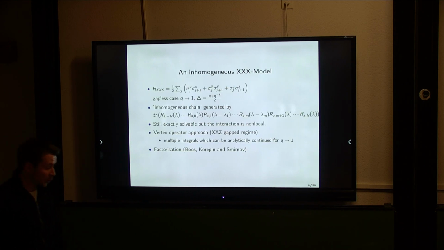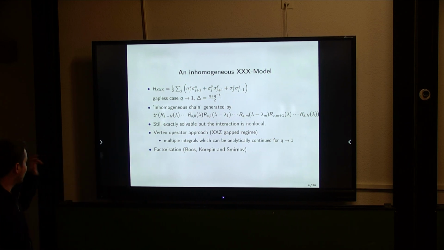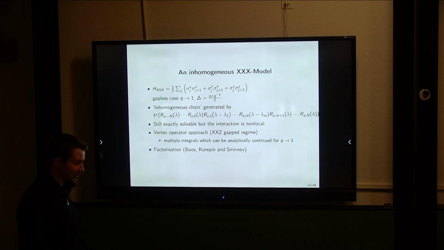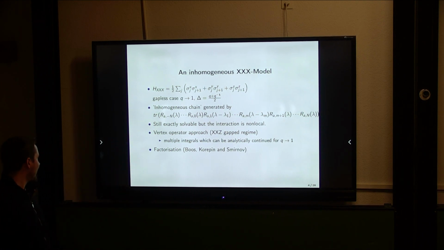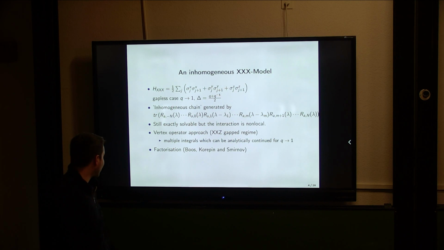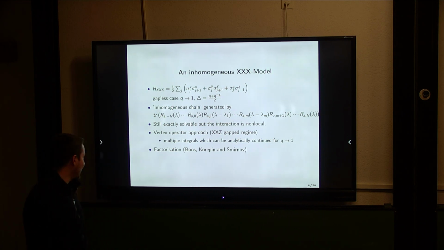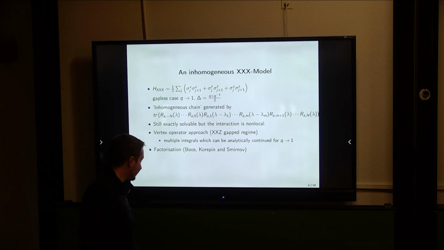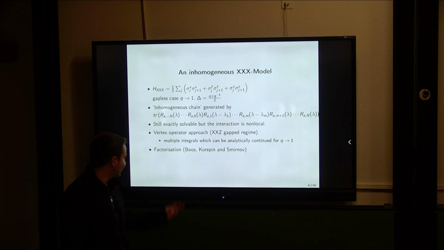Okay. So first of all, I consider the XXX Hamiltonian on the infinite chain, and it corresponds to the gapless case q to 1 of the XXZ chain. Moreover, I want to consider the inhomogeneous chain generated by this kind of transfer matrix with M inhomogeneities.